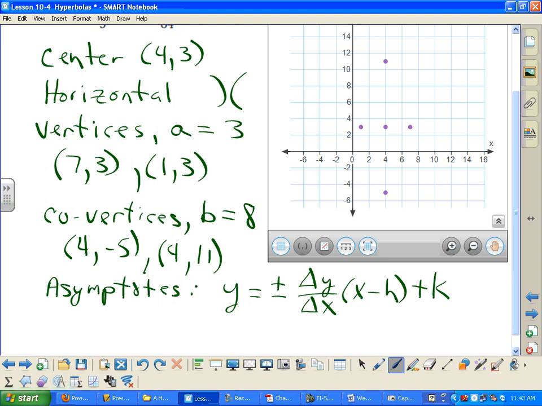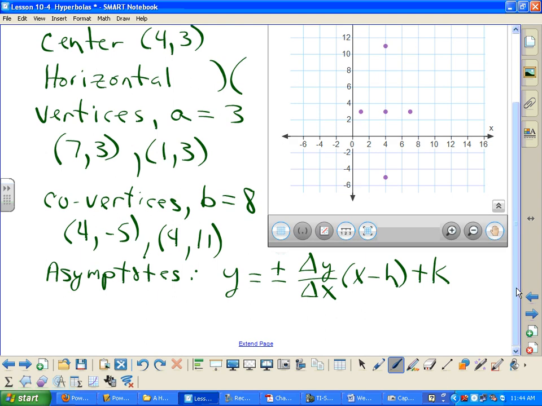The b is my change in y, so that would be 8. And a is my change in x, so that would be 3. So my asymptotes are y equals plus or minus 8 over 3 times x minus 4, plus 3. How does y change over how x changes? x minus h plus k.